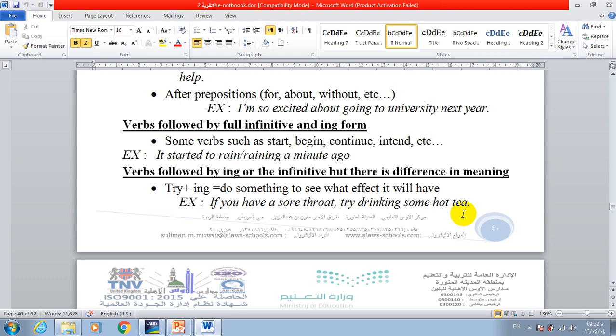Here, if he has a problem or a sore throat, we can say he must try drinking some hot tea to see what the effect or the result is.